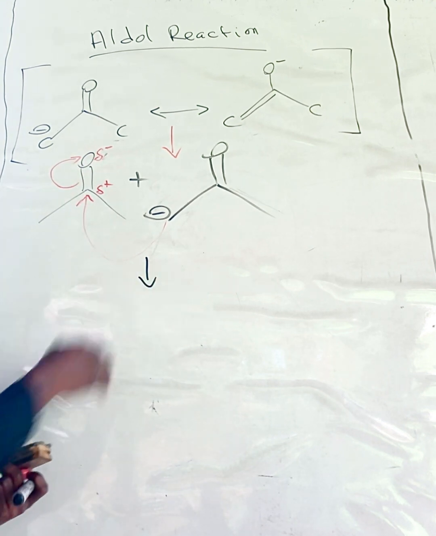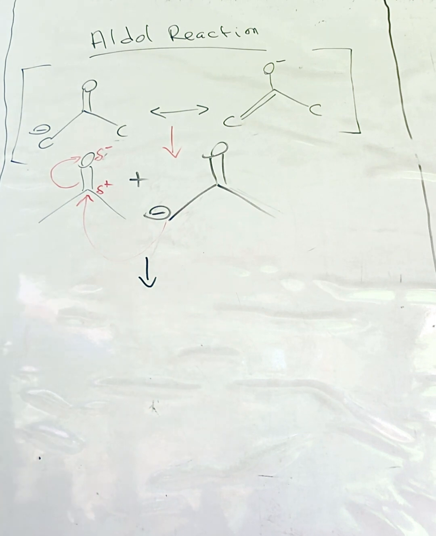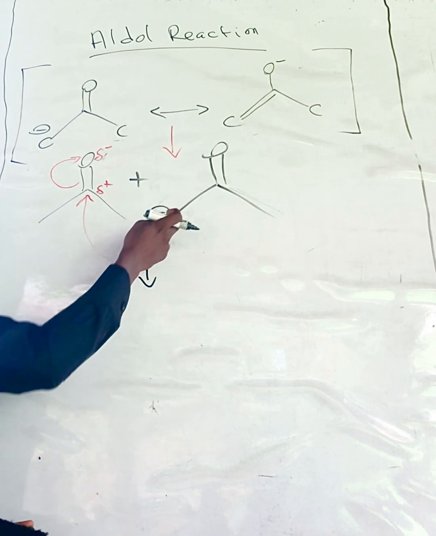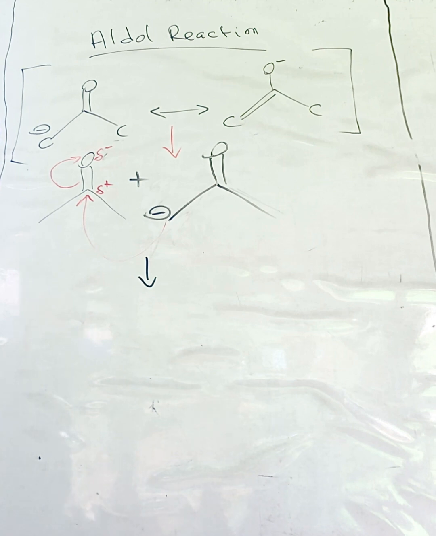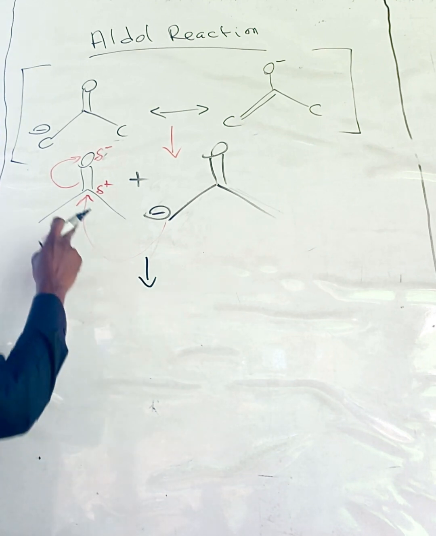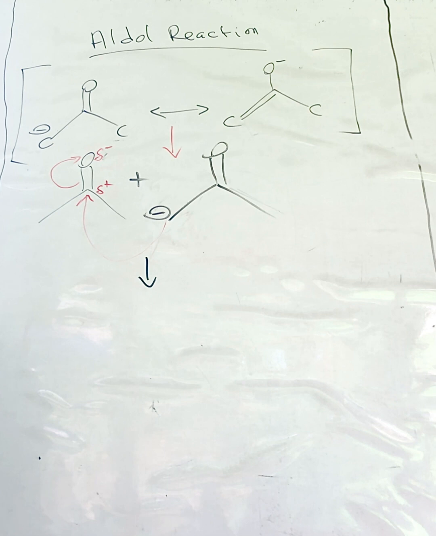Good. Now, what do we have? Don't forget, now you are combining two systems, so you expect your molecule to become bulkier, longer and bigger as compared to the initial ones, right?